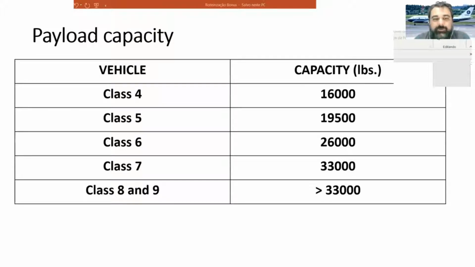Small vehicles are very good for last mile distribution, when you're going door to door delivering small packages to customers. This way it's really efficient.